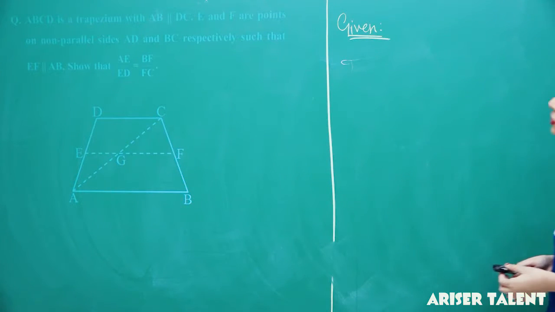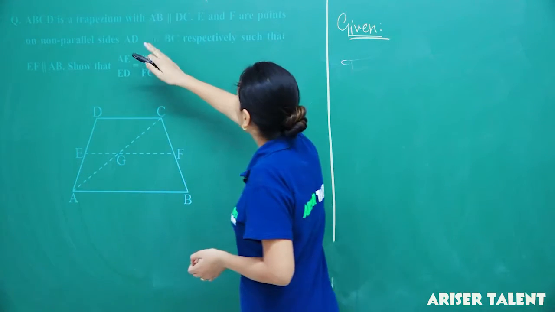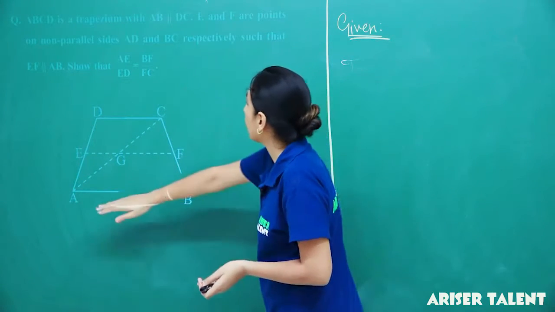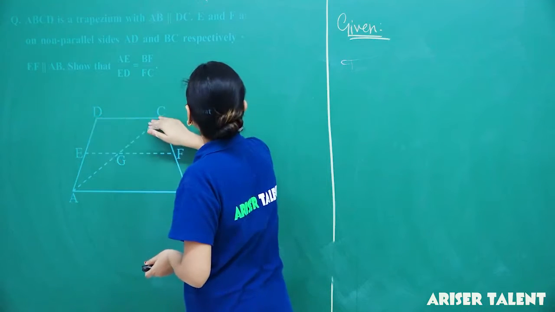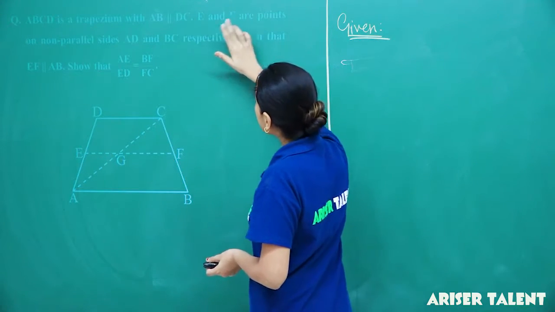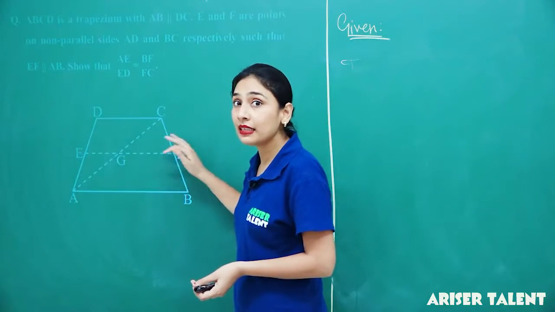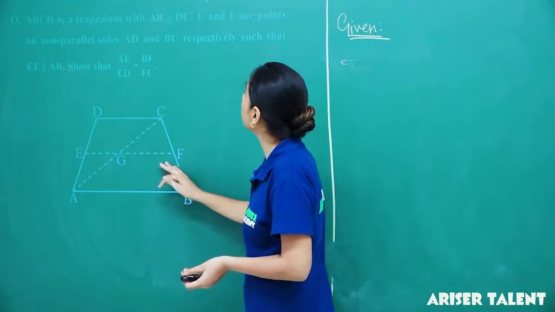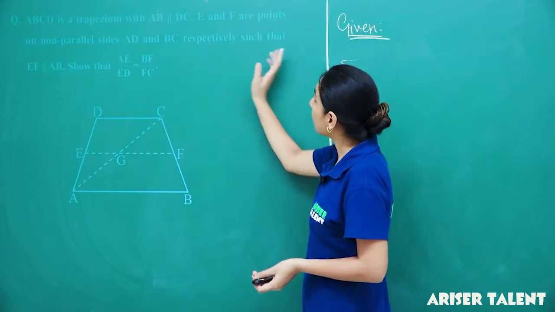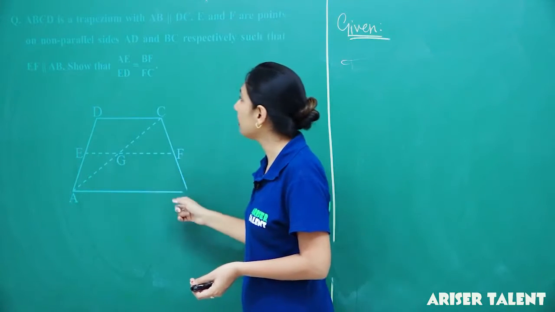So, in this question we are having ABCD, a trapezium with AB parallel to DC, and E and F are points on the non-parallel sides AD and BC respectively, such that EF is parallel to AB, this is given.